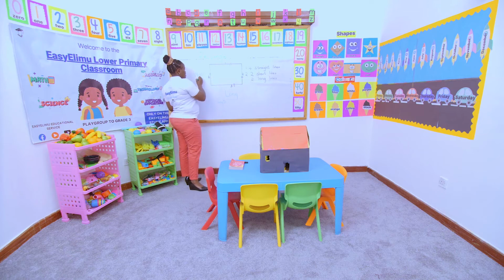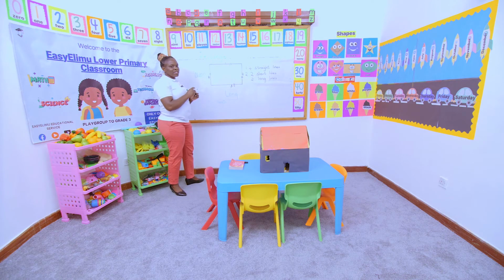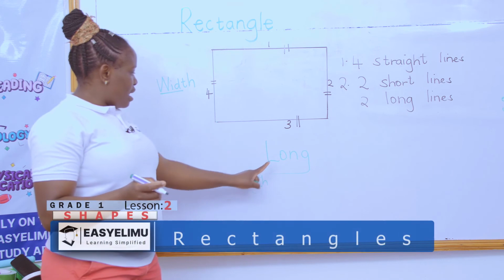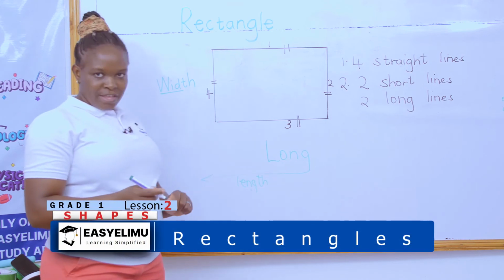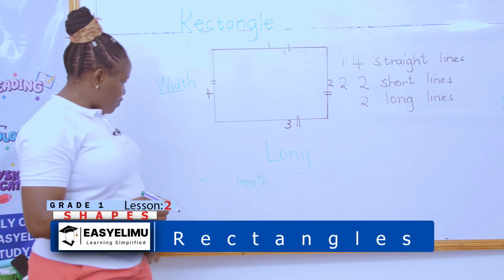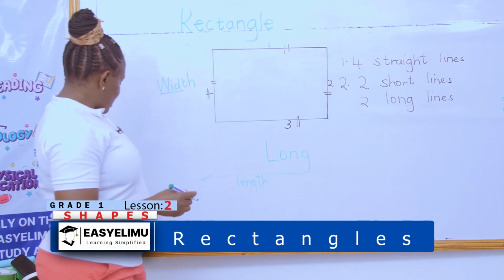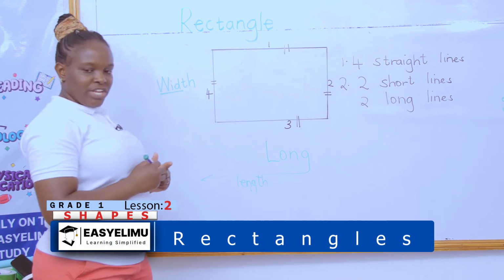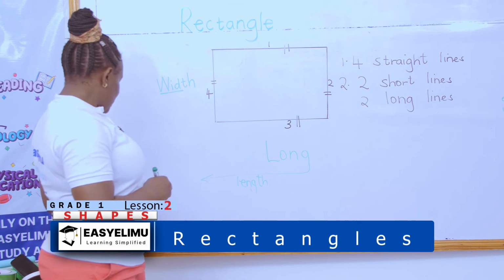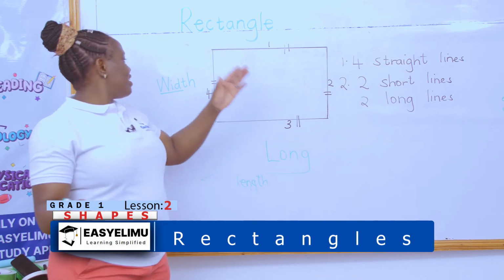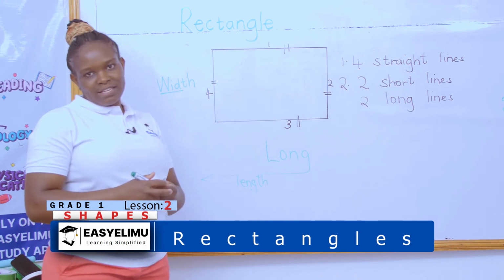From the word wide, you get the word width. And from the word long, you get the word length. So do you remember when we measured the length of our blackboard? Was it the same when we measured the width? No. The long side was longer than the wide side.